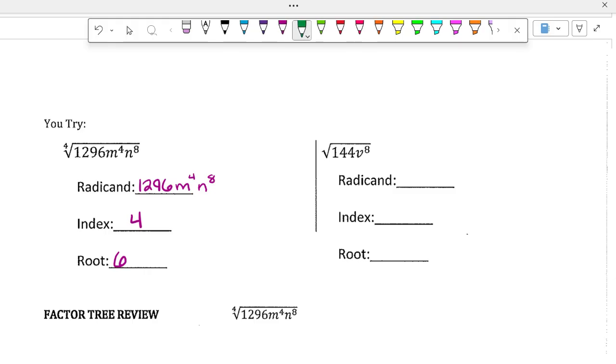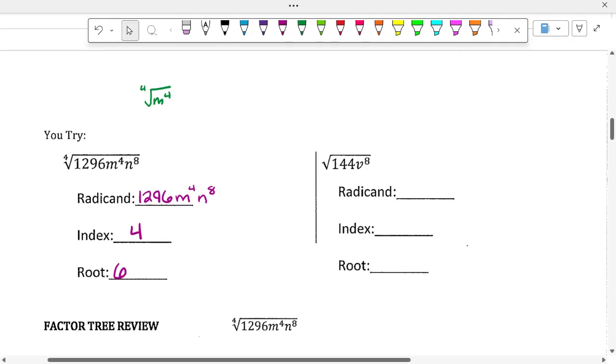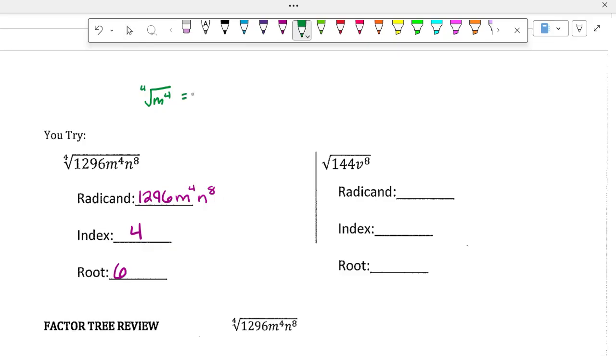So separating these into their own individual root really helps you guys see it. So let's say I have the fourth root of m to the fourth. How would I convert that to a fractional exponent? Anyone? What's the power? 4 over 4, because the index is also 4.